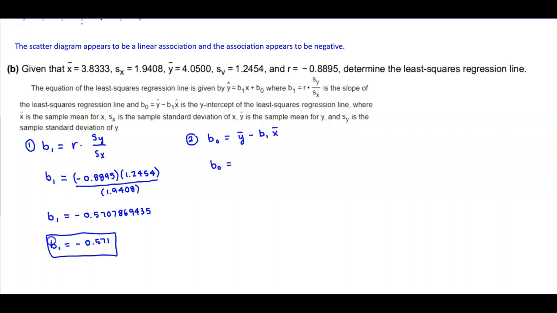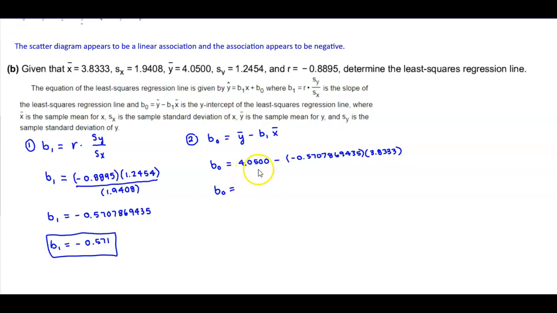So we're going to take the value of the y mean we can see up here, which represents 4.0500, and then subtract what we got for B1, which initially was 0.5707869435, multiplied by the mean of x, which is 3.8333.